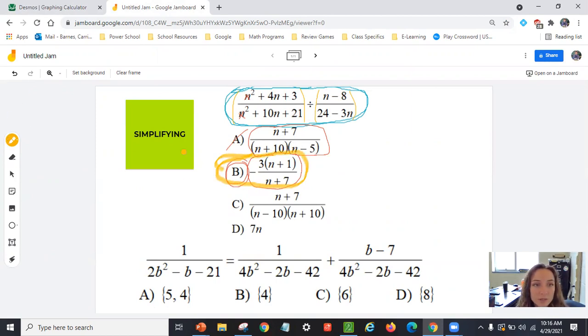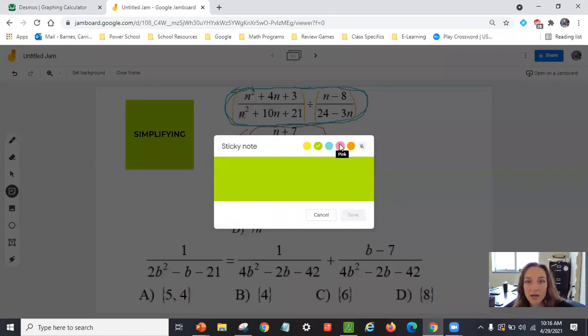Okay, so let's try out the next one. In this one, we're not simplifying, we are solving. So let's add another sticky note. We are solving. The way that you can solve in Desmos is you're going to type the left-hand side into one blank, the right-hand side into another, then find their intersection.